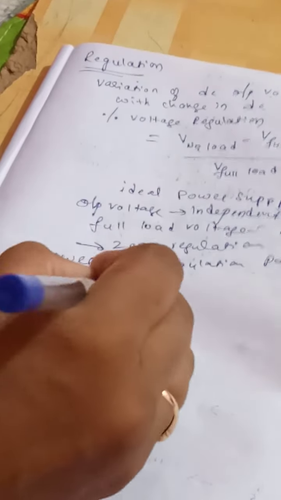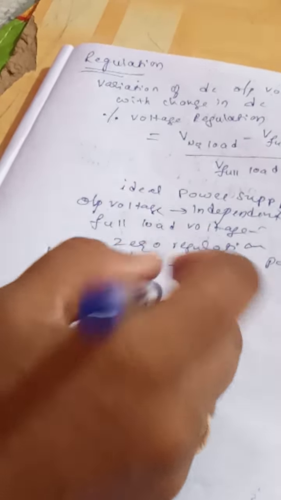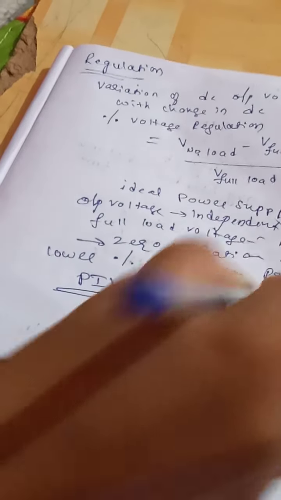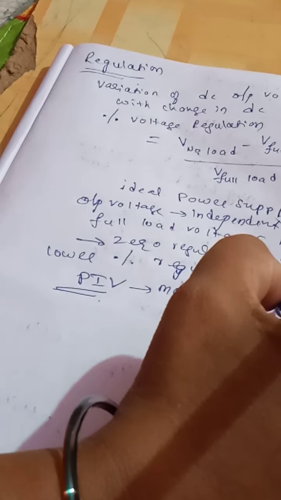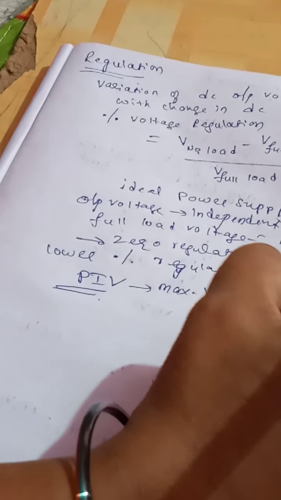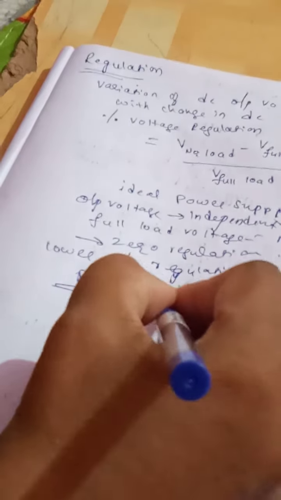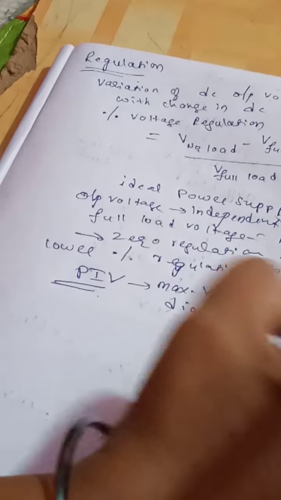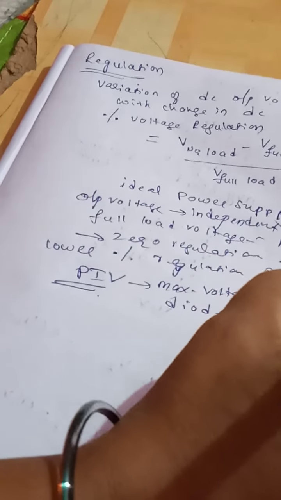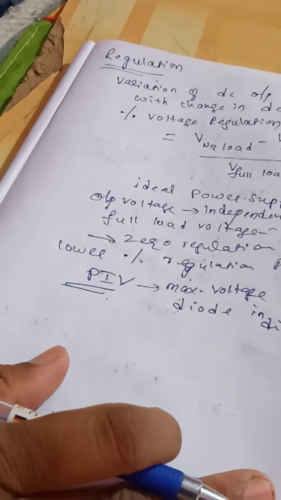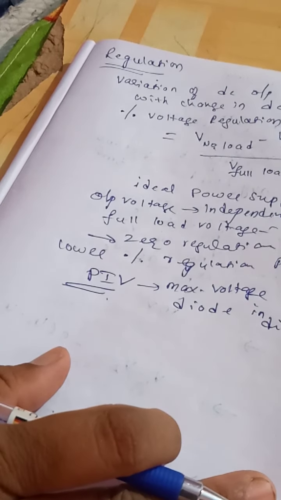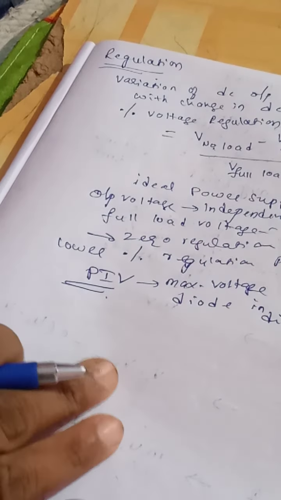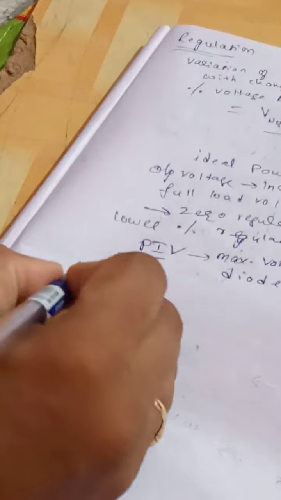Now next, peak inverse voltage. Peak inverse voltage means nothing but the maximum voltage across the diode in the reverse direction. Now lastly, form factor.